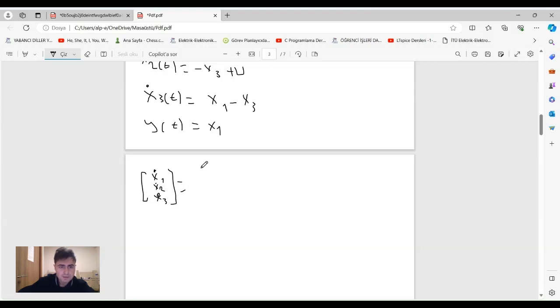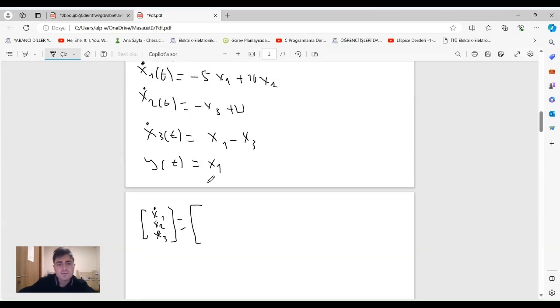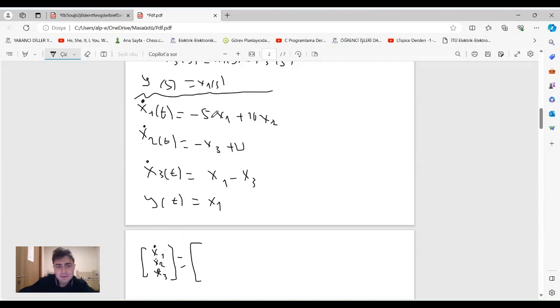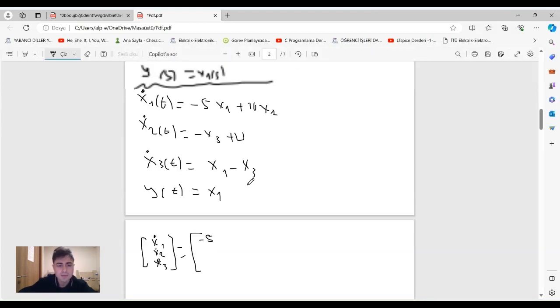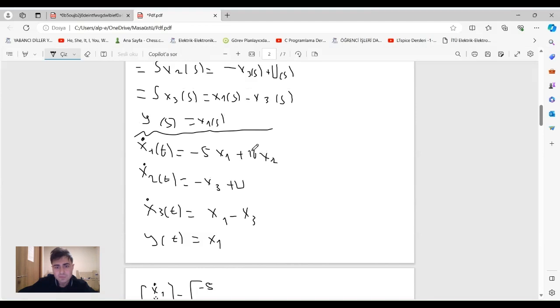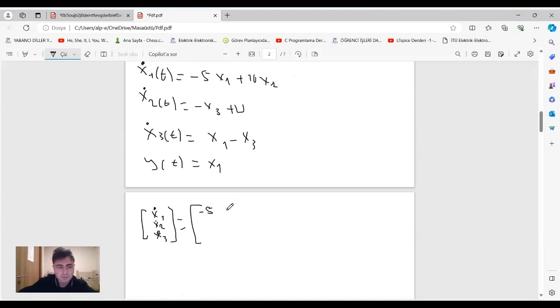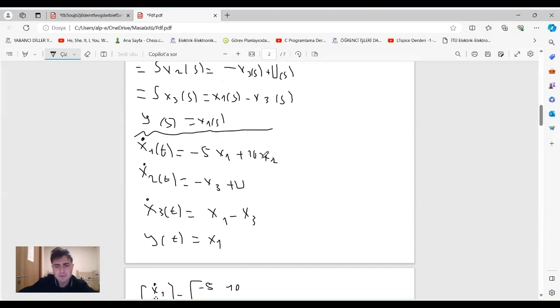These are equal to: we take the first row, in front of x1 the number is minus 5, and x2 is 10, and the last one, x3, is 0.